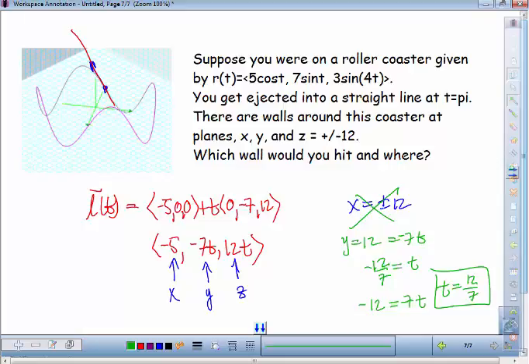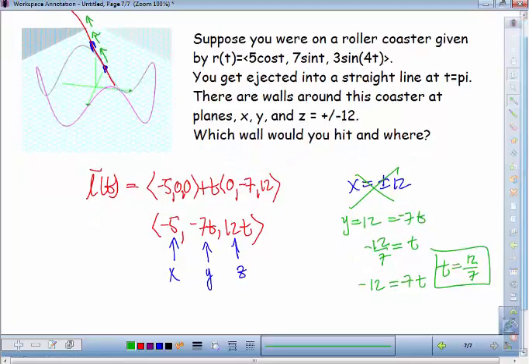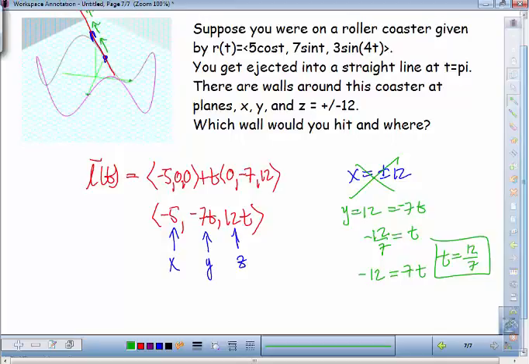The -12/7 doesn't work, because we're looking at this line and we're moving forward in this line. Yeah, the -t moves you back. But it turns out that if you let z equal to -12, you're going to get something there too. Or +12.